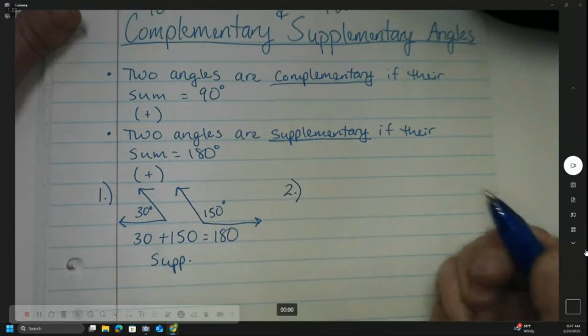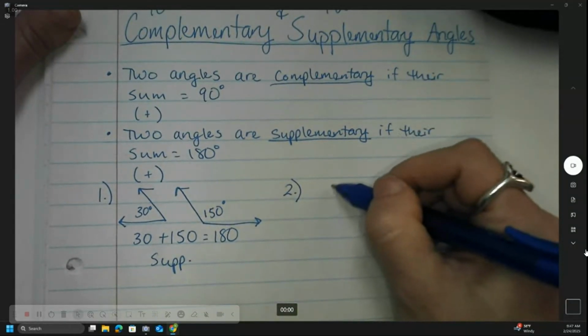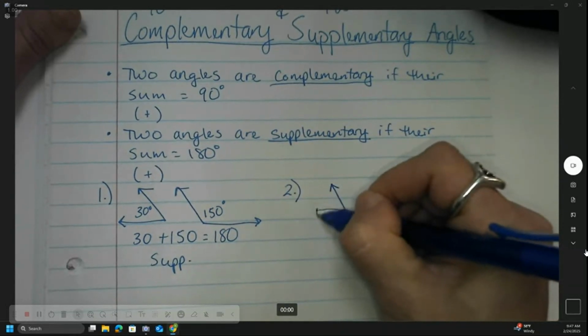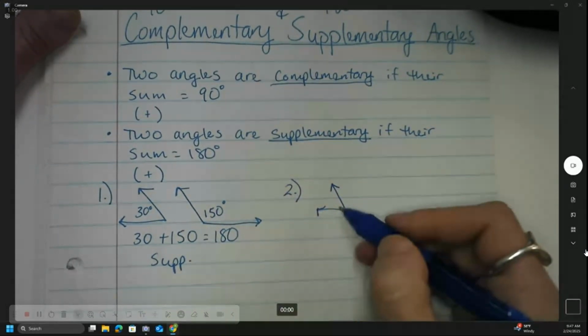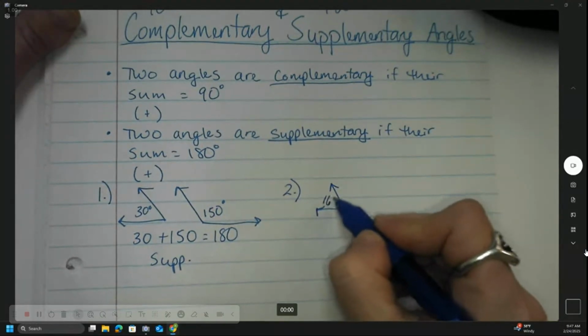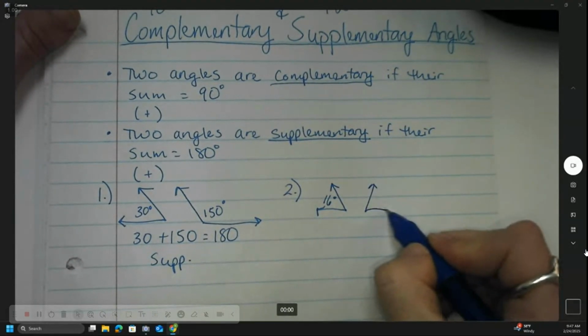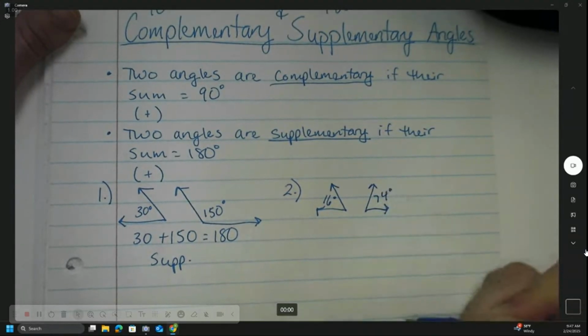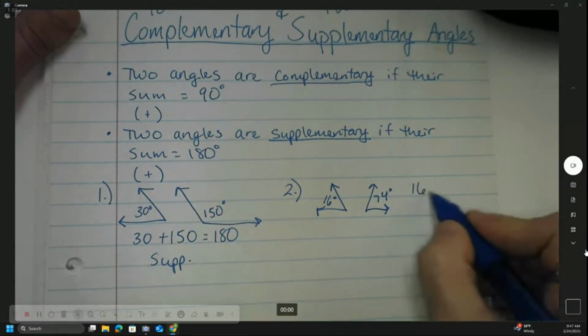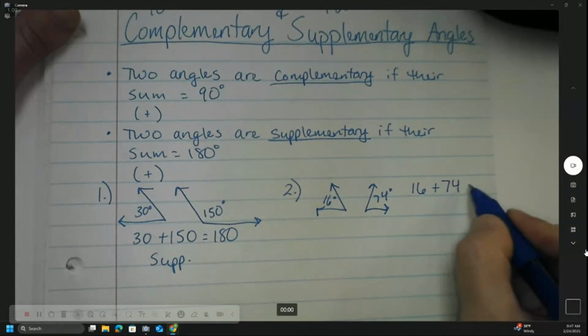Number two. I'm going to do two acutes this time. This was an acute and obtuse. I'm going to do two acutes. This one's 16 degrees, and I'm going to say this one is going to be 74 degrees. So 16 degrees plus 74 degrees.